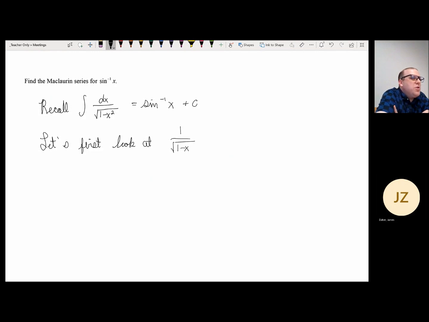Unless we first look at the function 1 over root 1 minus x. Find that power series and then just replace x with x squared. Now I'm not going to have quotient rule at all.